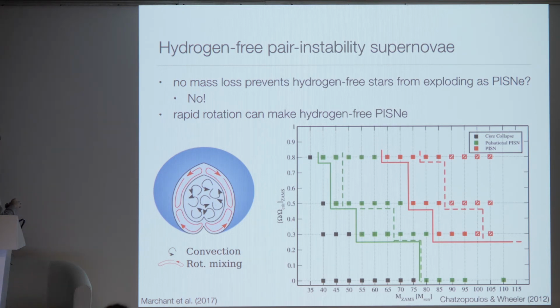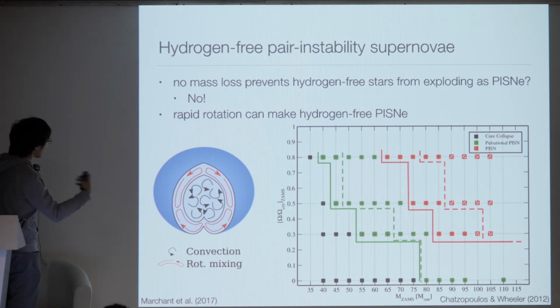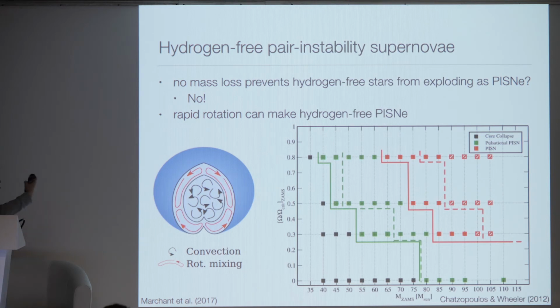But this is not the case, and as I've been saying many times, rapid rotation can make the star evolve like a single core.